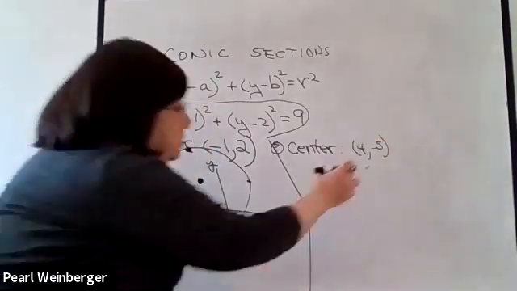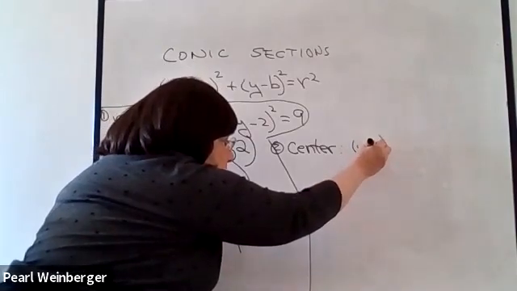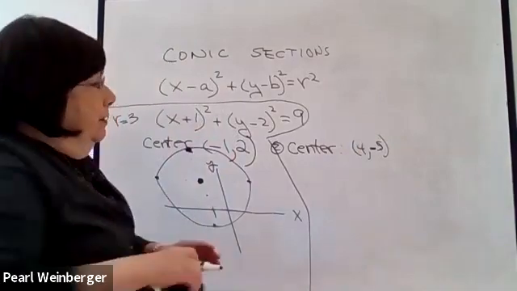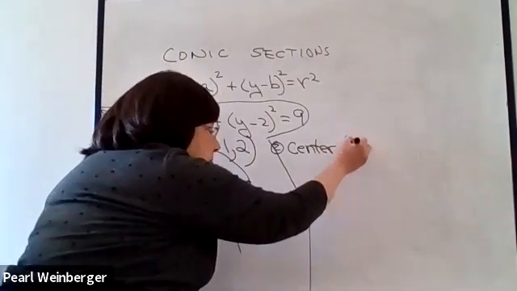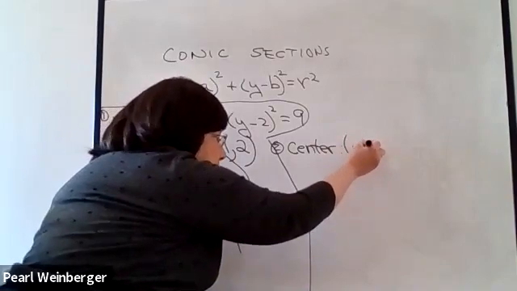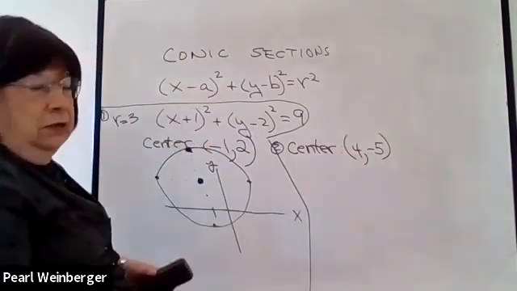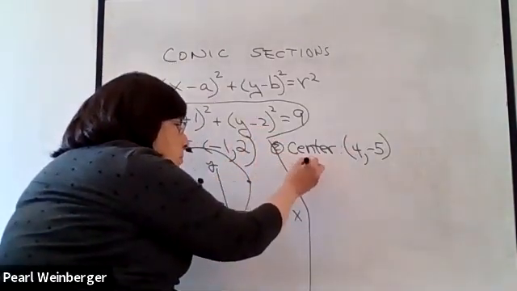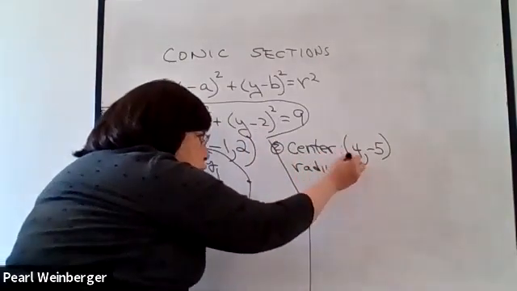Okay, can everybody see that that's a -5? Let me rewrite this. Okay, that's the center of my circle. The radius of my circle is 2.